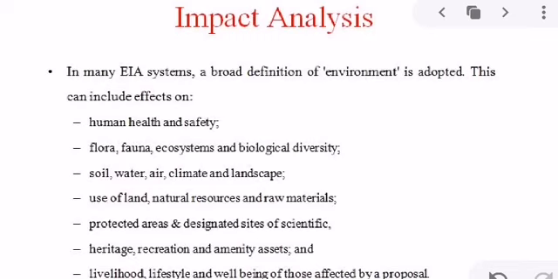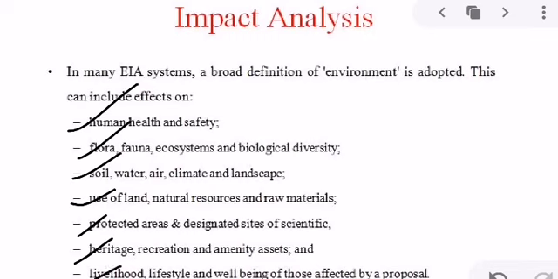This can include effects on human health and safety, flora, fauna, ecosystem and biological diversity, soil, water, air, climate and landscape, use of land, natural resource and raw materials, protected areas and designated sites of scientific heritage, recreation and assets, livelihood, lifestyles and well-being of those affected by the proposal.